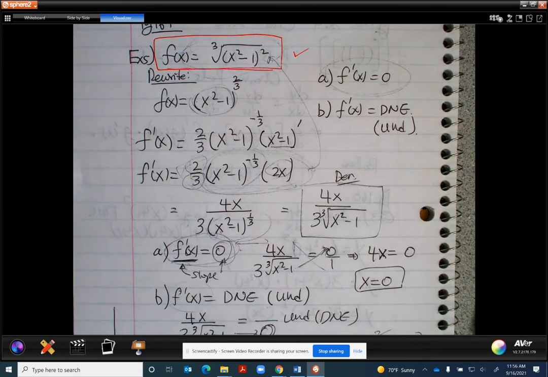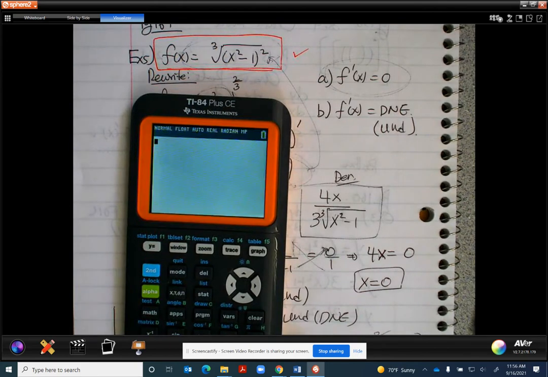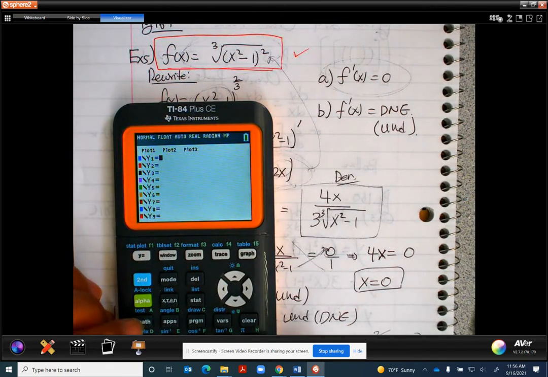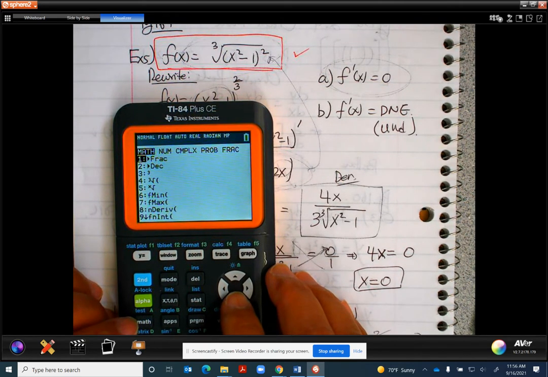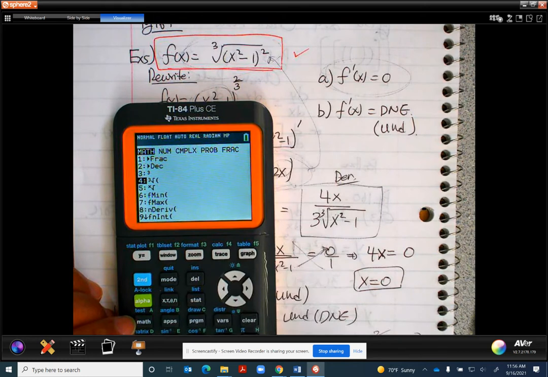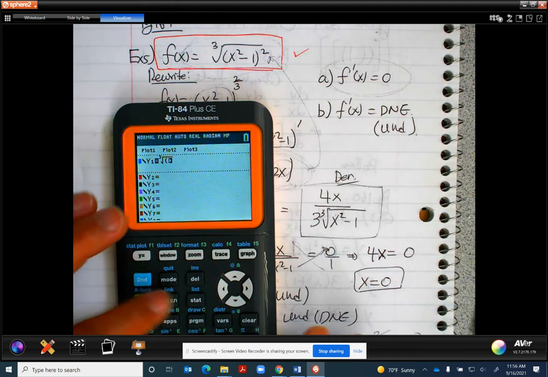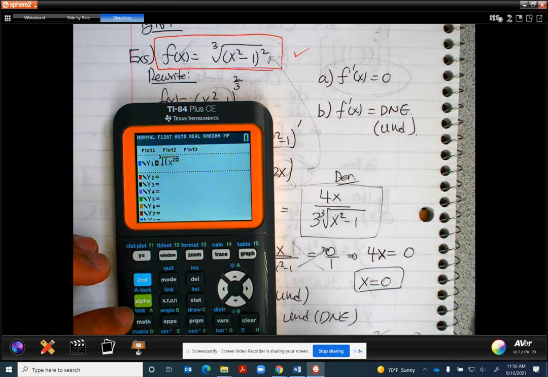Alright, so I hope you know how to use your graphing calculator. So how do you find cubic root? Go to math. And then this is x squared minus 1, and square.